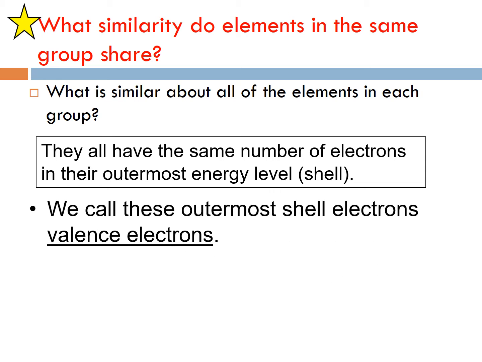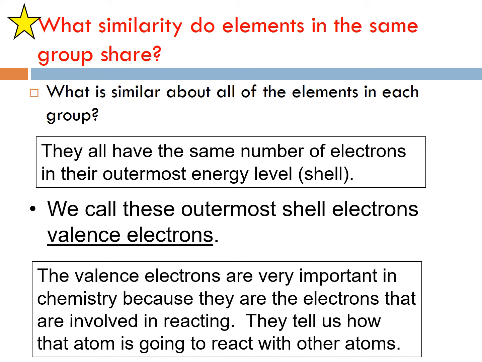We call these valence electrons, the outermost shell of electrons of an atom. This is important because, like I said, how an atom reacts and how it's going to bond with different things all depends on its valence electrons. So everything stems from here. That's why it's important to understand how many electrons each atom has in its valence shell.